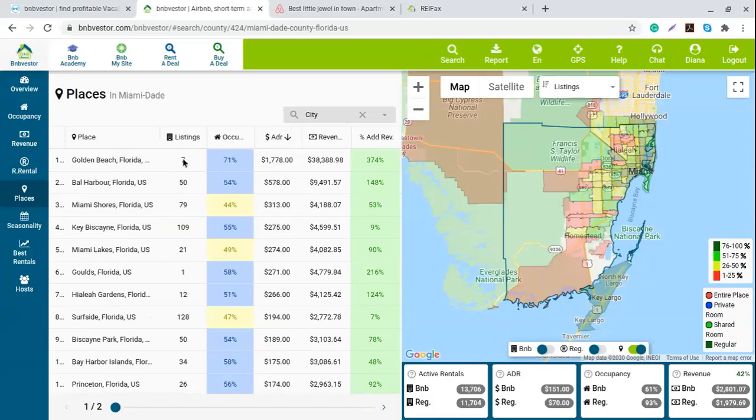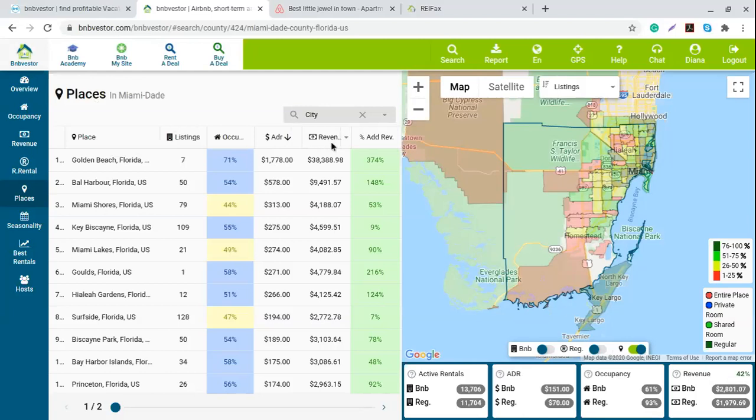But I don't know, one of these properties that is listing could be a villa that has 10 rooms. It's like a mansion. So of course they are going to ask on average more than a property that has 2 bedrooms and 1 bathroom. Then we have in places the revenue.